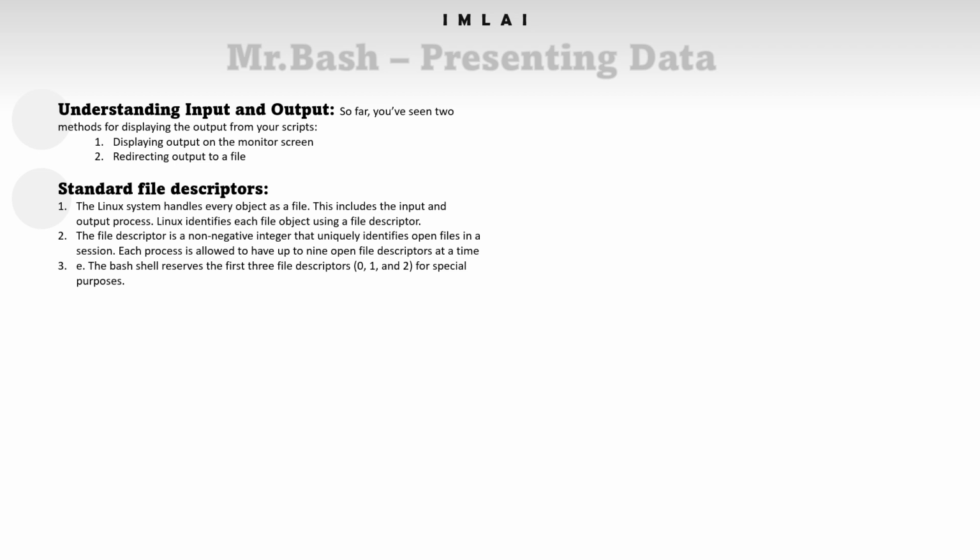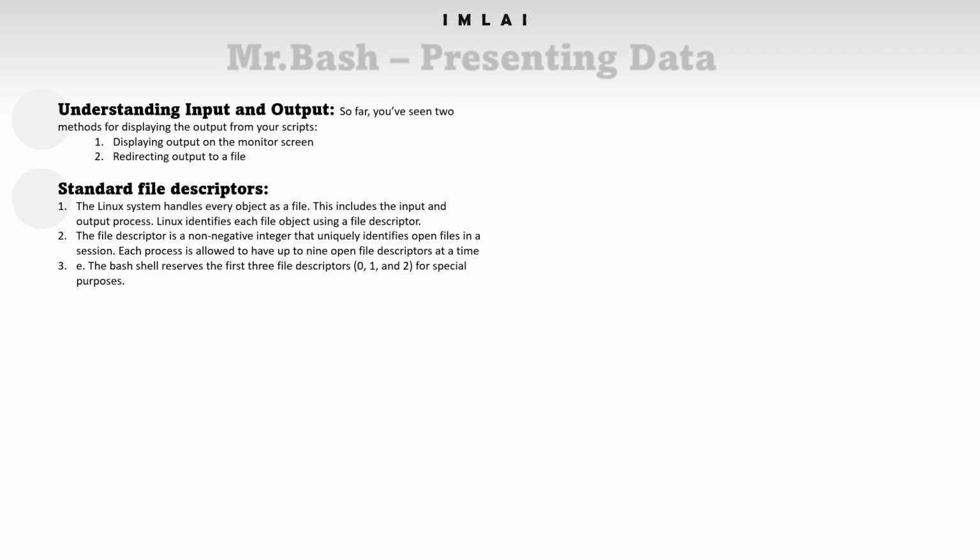Every object in a Linux system is like a file, so this includes the input and output process also. Linux identifies each file object using a file descriptor. This is a very important point to be noted.